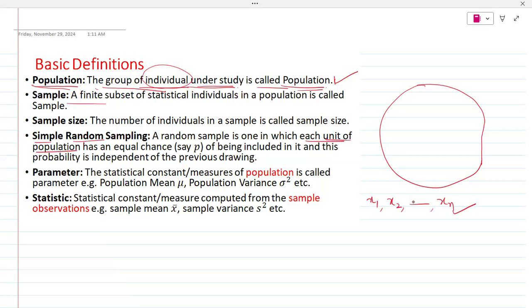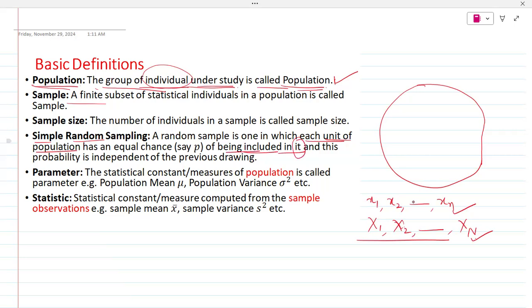Unit of population means capital X1, capital X2, going up to capital XN. Here capital N is the population size. So these are our population units. Each population unit has an equal chance of being included in the sample.